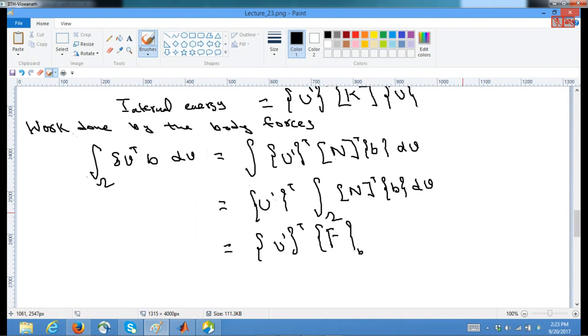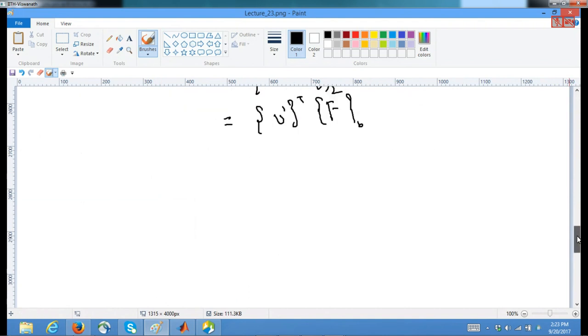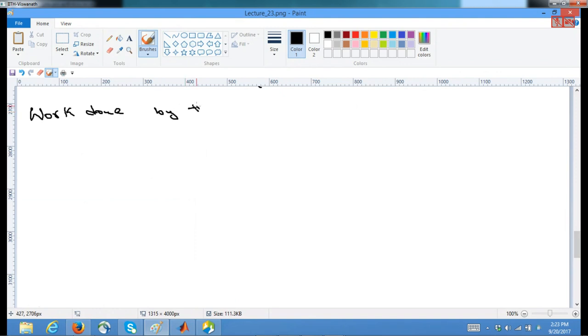Similarly, work done by the traction or by the external traction is integral over gamma delta V transpose times P dA.